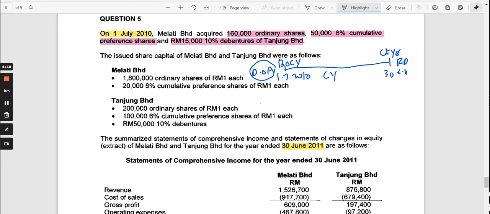The 10% rate here is the interest on the debenture, and the rate next to the cumulative preference share is the fixed dividend rate for the preference shares in Tanjung, whereas in Melati the dividend rate is 8%. So that was just some information.